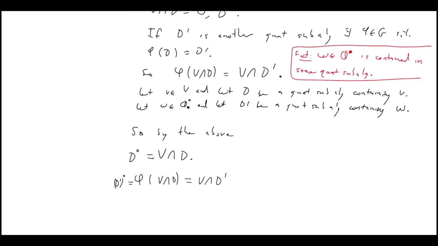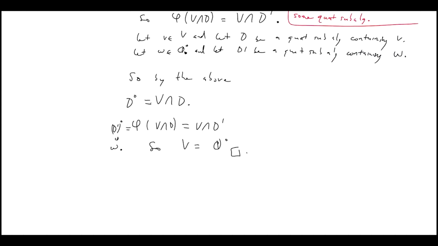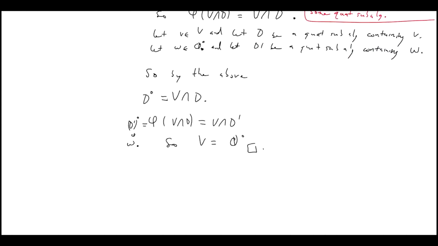So this one is also non-zero, and this contains that arbitrary element w. So V is all of the trace zero elements. Any questions on the irreducibility?